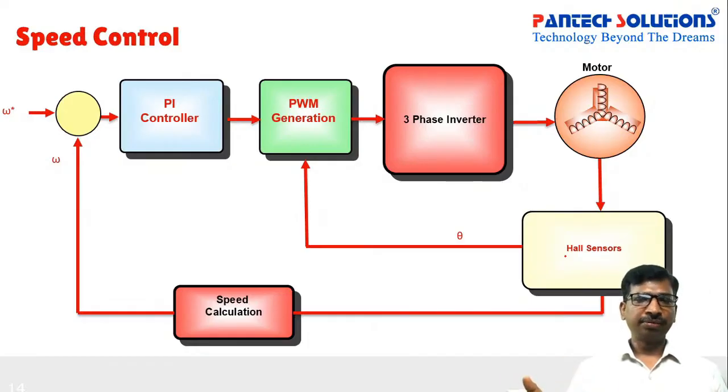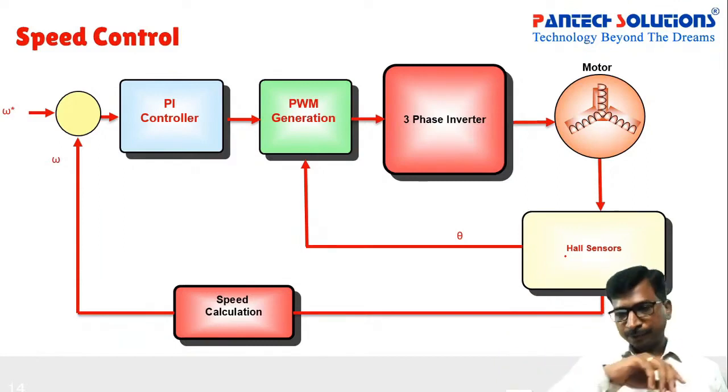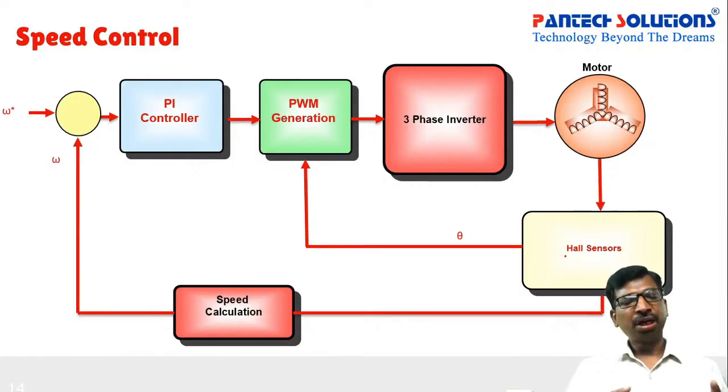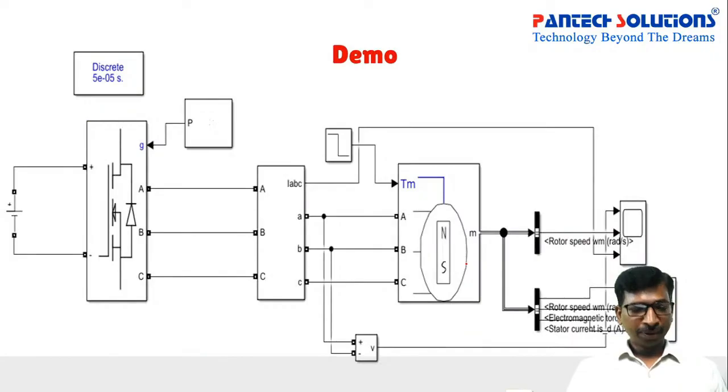Still, the motor will try to run the entire period and generate some amount of torque, but you cannot load the motor anywhere. So due to that, we have to use the Hall sensor data and speed regulation. Only then can we control the machine perfectly. Otherwise, it will not be exact. So let us check the demonstration.